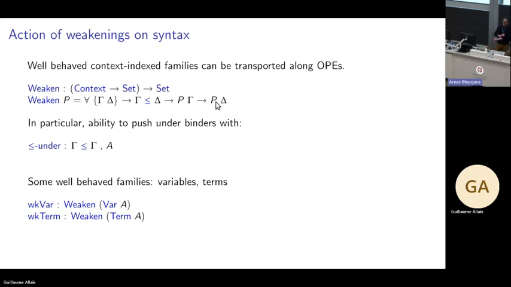So this was the informal specification I gave you of what it means for a context to be smaller than another one. And now we see that there's actually an action associated to that informal specification that can actually do the translation between the variables in one context into the ones in the other.